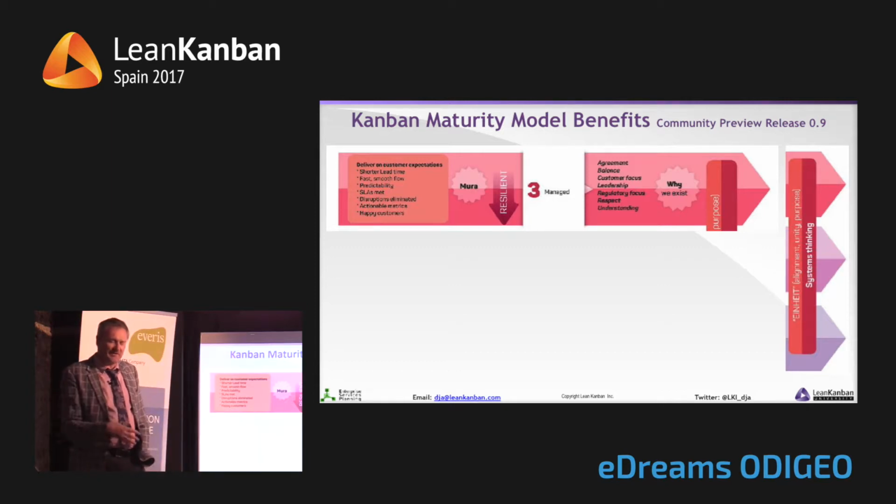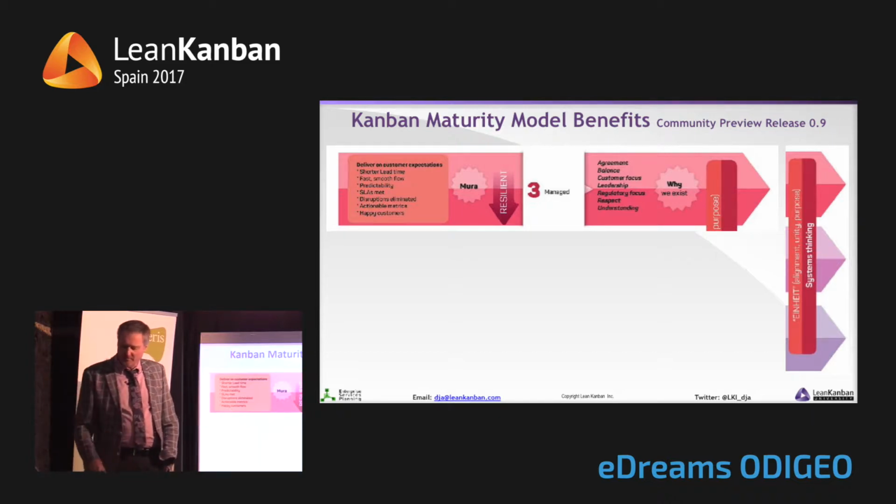If we have to replace that with something else in order to be better at the why, then we'll do it. So, shorter lead times, faster, smoother flow, predictability, SLAs met, disruptions eliminated, actionable metrics, and happy customers. Level 3. But to get there, you need why.